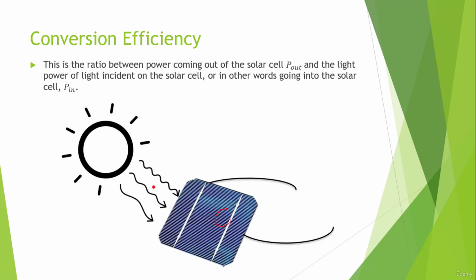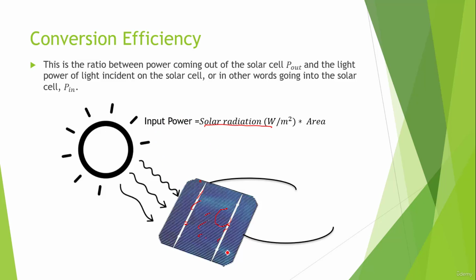So, to be able to calculate the efficiency, you need to calculate the input power and the output power. The input power can be calculated easily using the solar radiation falling on this solar cell. By multiplying the solar radiation in watt per meter square times the area of the solar cell, we get the input power.